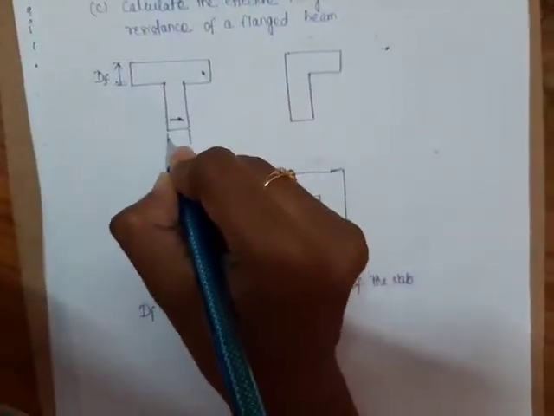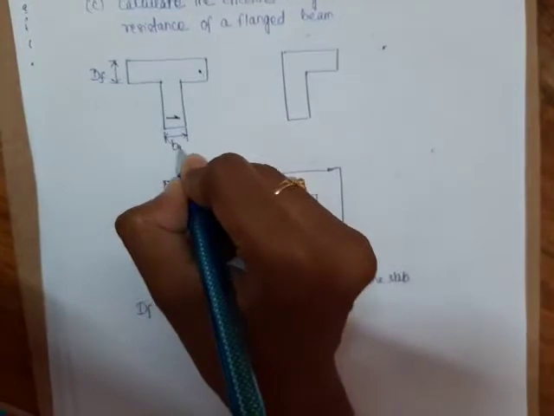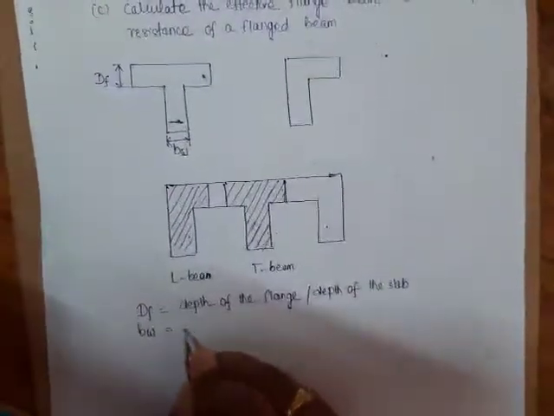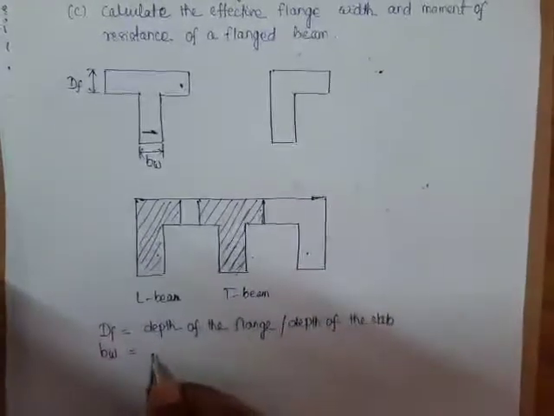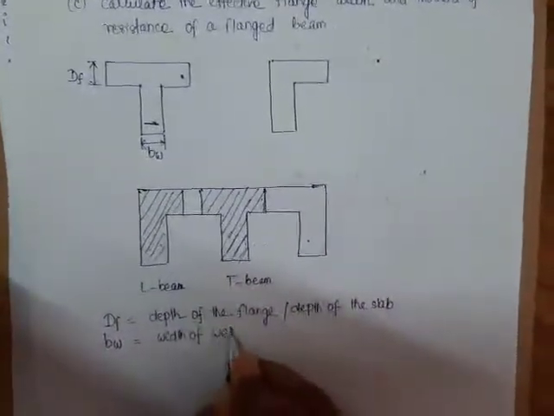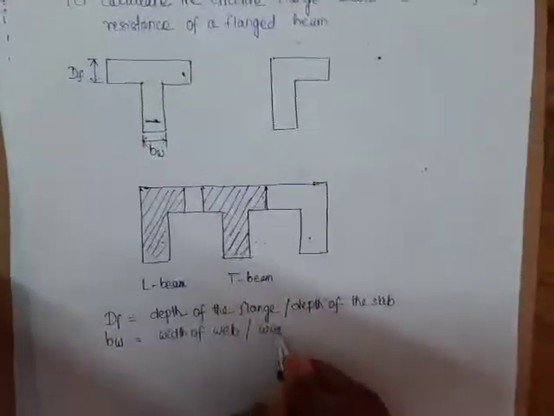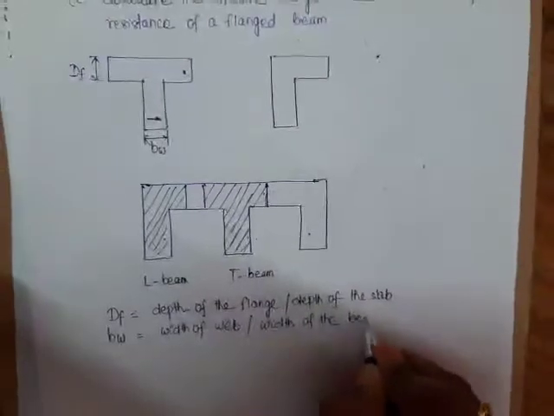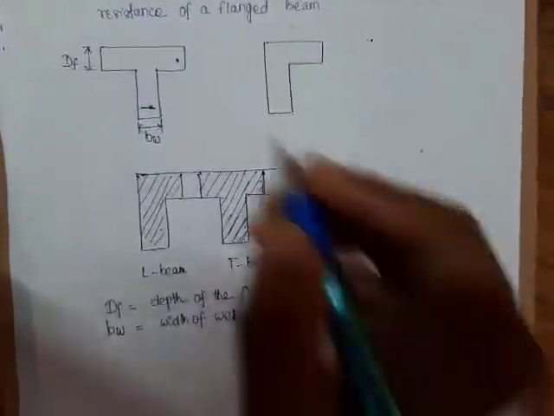And this is the web part, so we can write it as bw, which is the width of the web, or we can say it is the width of the beam also. Clear?